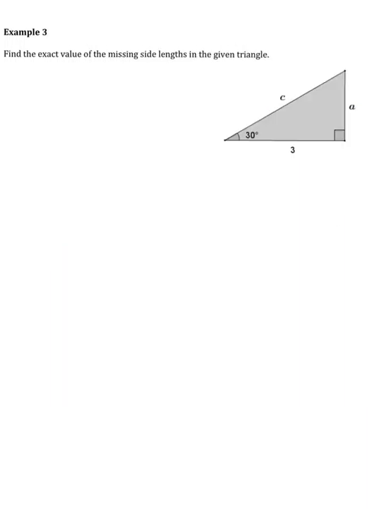So example 3, they want us to find the exact value of the missing side lengths in this given triangle. So we're given the length that's opposite the 60-degree angle, and we know the relationship that that has is that it's the side that's opposite the 30-degree angle times a radical 3.